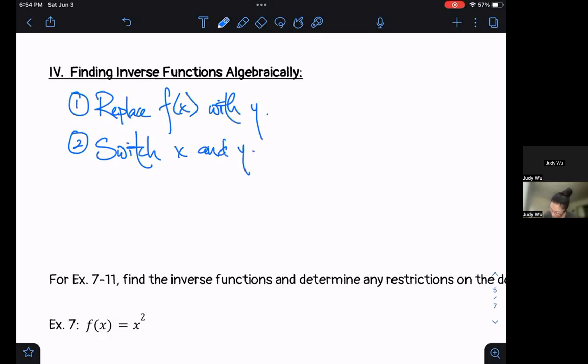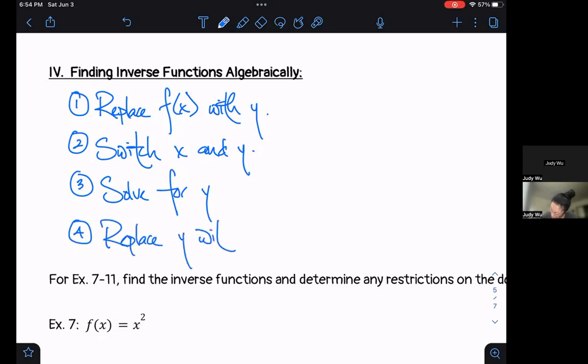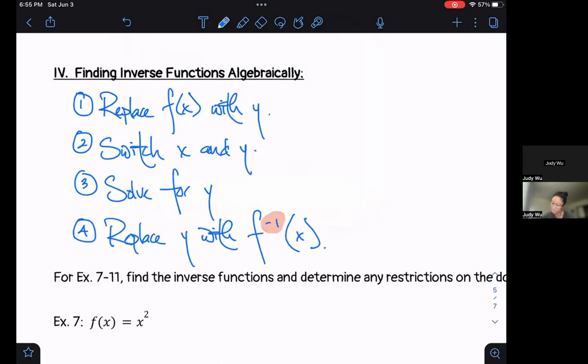All right. Step 3, we're going to solve for the y that we just switched, okay? And then last, we're going to replace y with this inverse function notation, okay?